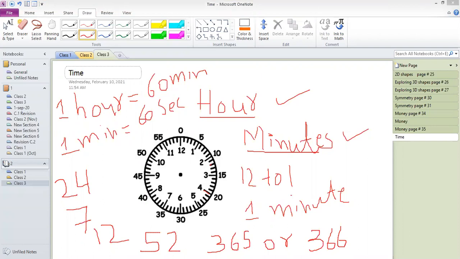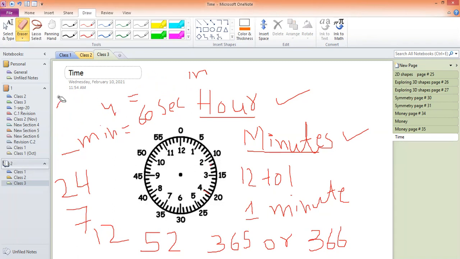In 1 year, there are 12 months, 52 weeks, and 365 or 366 days. So these are the basic facts you should know. 1 hour equals 60 minutes, guys. So you can see it starts from 0 and moves up to 60.